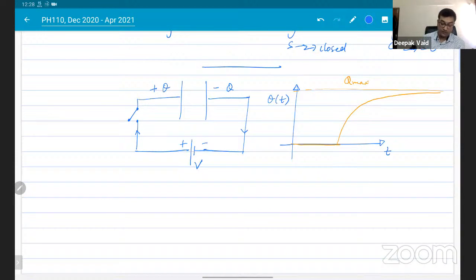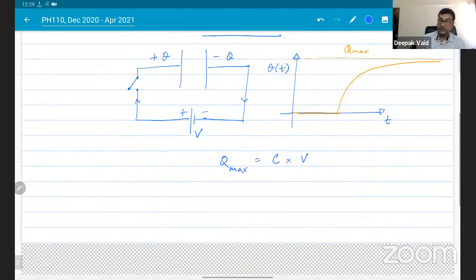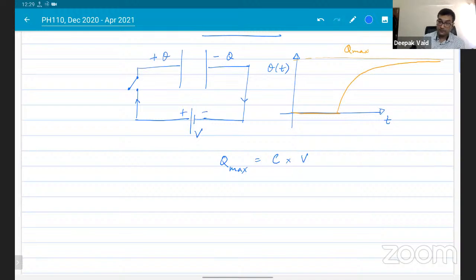The maximum value of this charge, Q max, is given by the capacitance of this parallel plate capacitor multiplied by the potential of the battery, right?